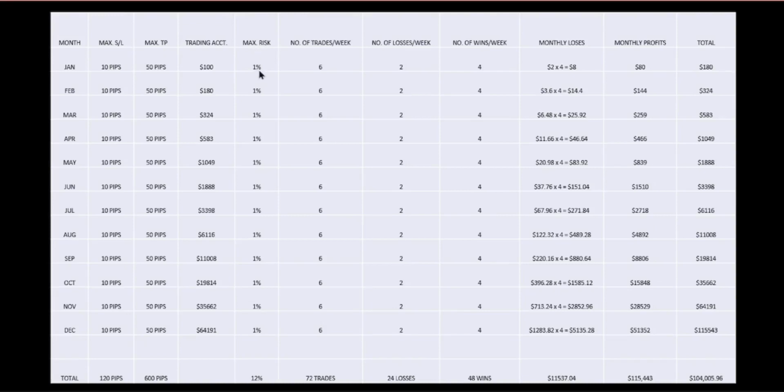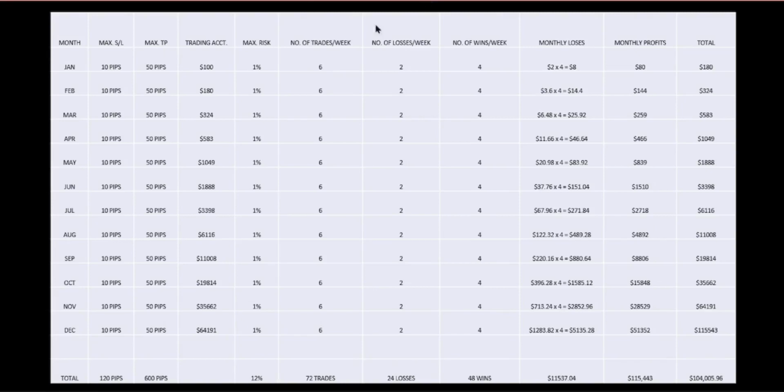And that maximum 1% risk is constant for the 12 months. Now, number of trades per week. January, 6 trades per week. Like I told you, I aim to take 2 trades per day.